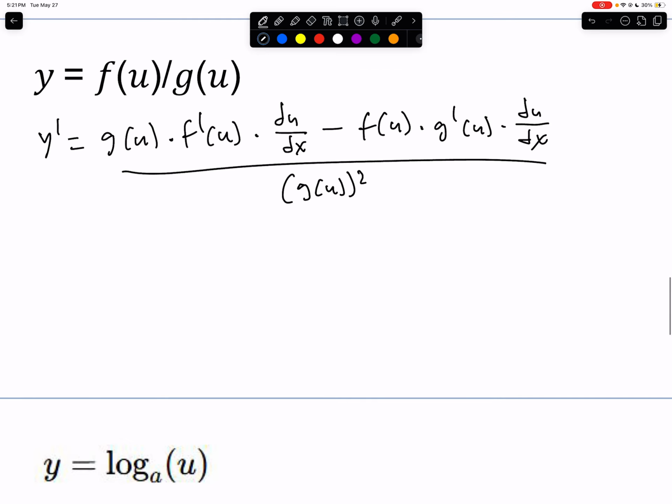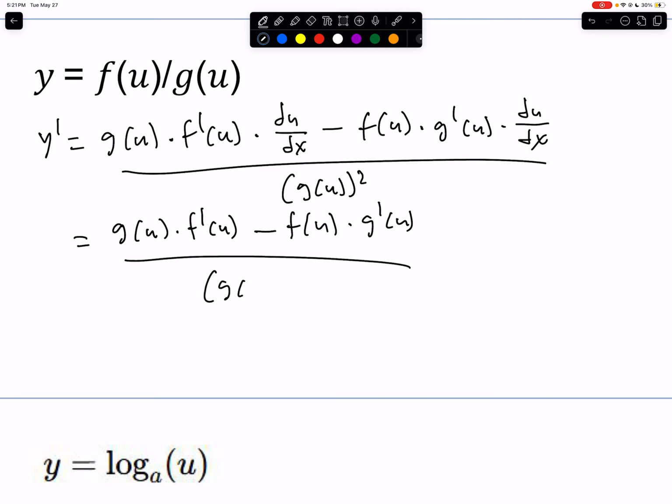We can once again factor out the du dx here and rewrite it as g of u times f prime of u minus f of u times g prime of u, over g of u squared, and that all times du dx.